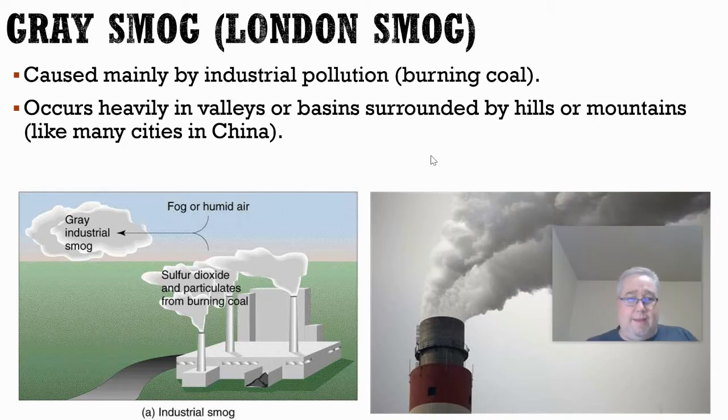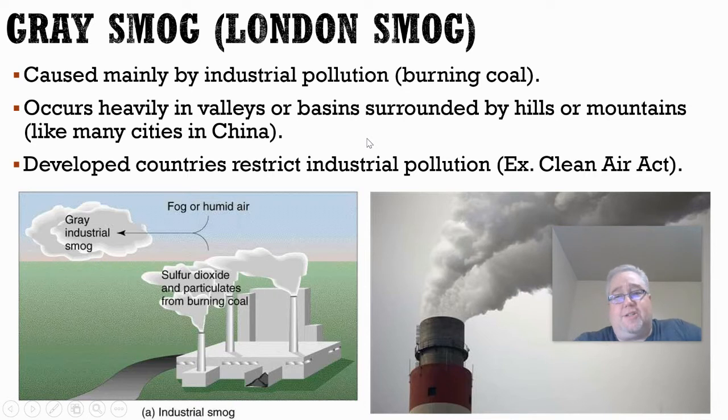It still happens today in certain regions around the world, especially areas that have a very low elevation and are surrounded by mountains. And China is kind of notorious for this. There's a video that I assigned the other day, and if you haven't watched it, it's all about China's air pollution problem.